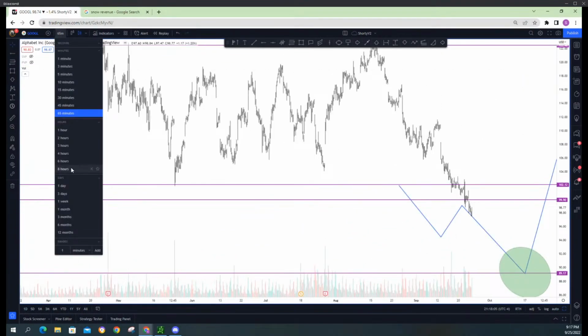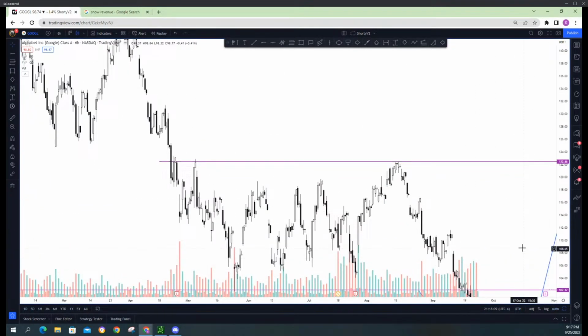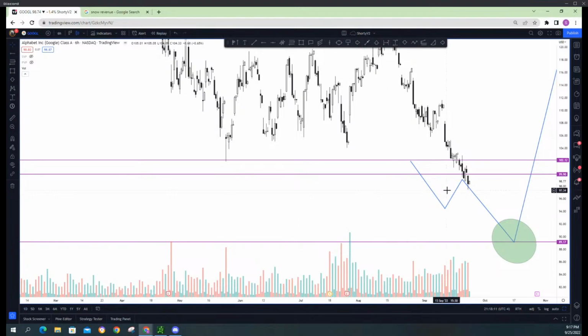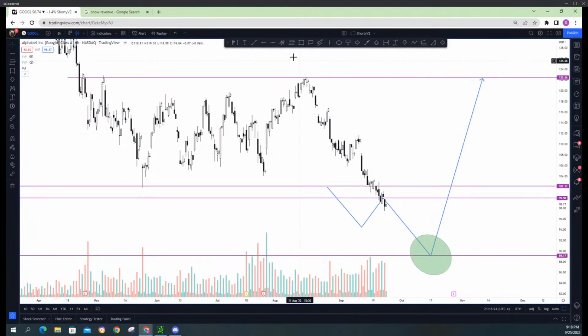Maybe I need to go on a higher time frame. Okay, there it goes. Needs to go here. So tomorrow it'd be nice if they push it up to 99, or even, I know the 100 is going to be a tough level to crack for Google now. But let's see.